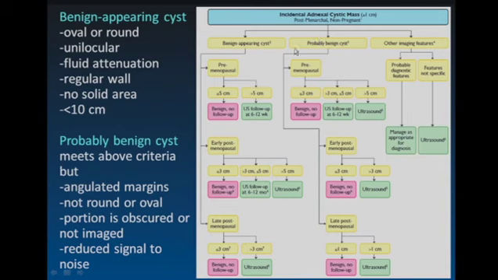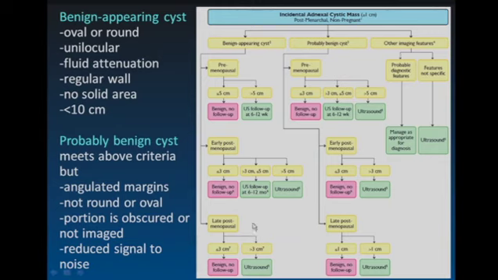A probably benign cyst, as used in this paper, and as I'll discuss, is a cyst that meets all of these criteria except for the fact that the margins might be angulated, the cyst may not actually be round or oval, but might be tubular in shape.